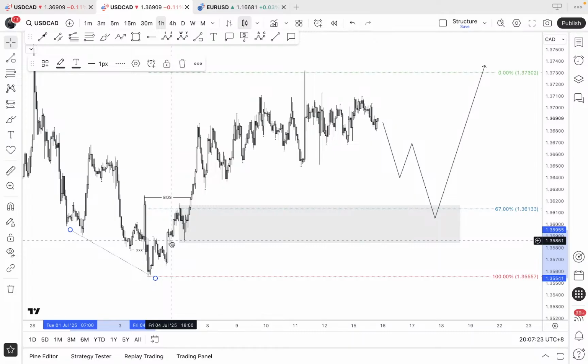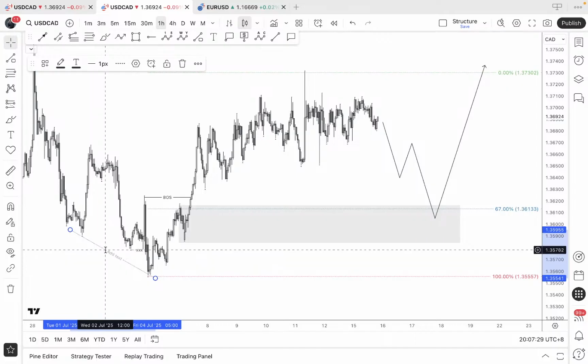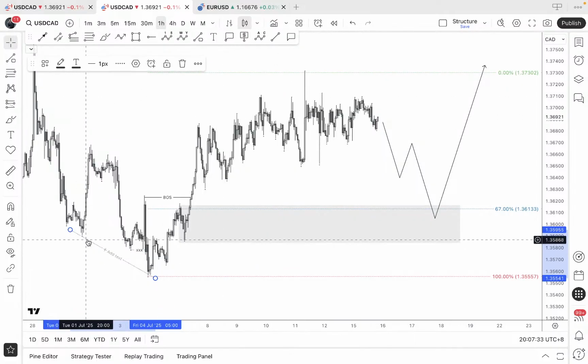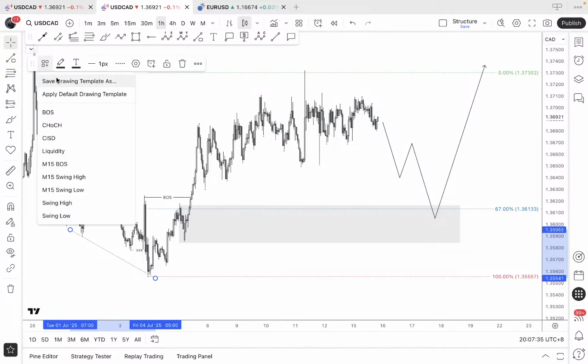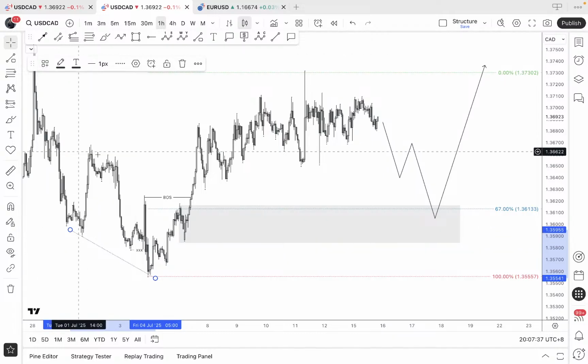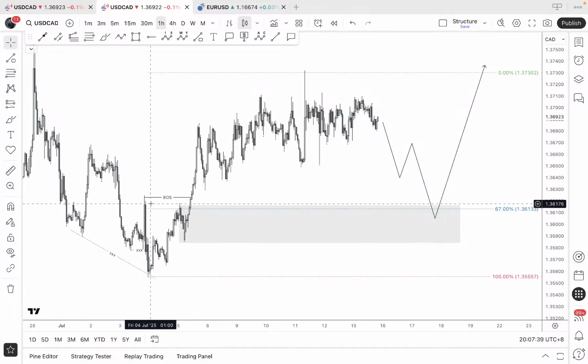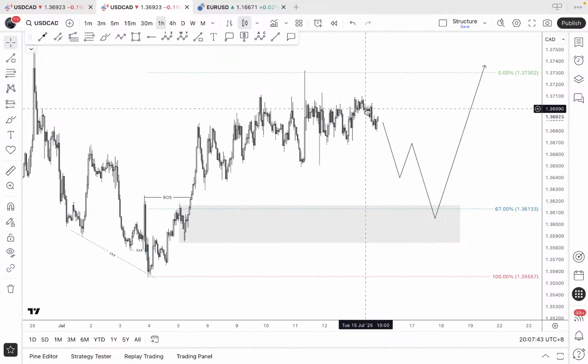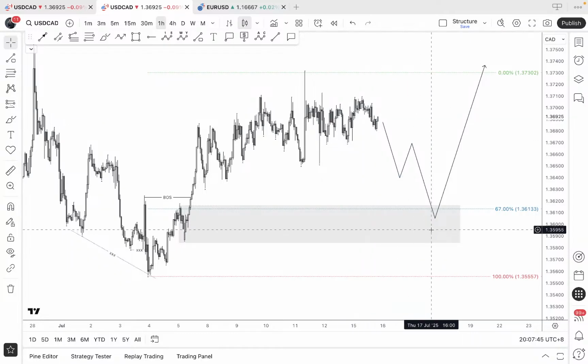Once we have that, we look out for a pullback, right? So we have the liquidity sweep, we have the break of structure, right? Right now we are simply waiting for the pullback towards our key Fibonacci level at 67.